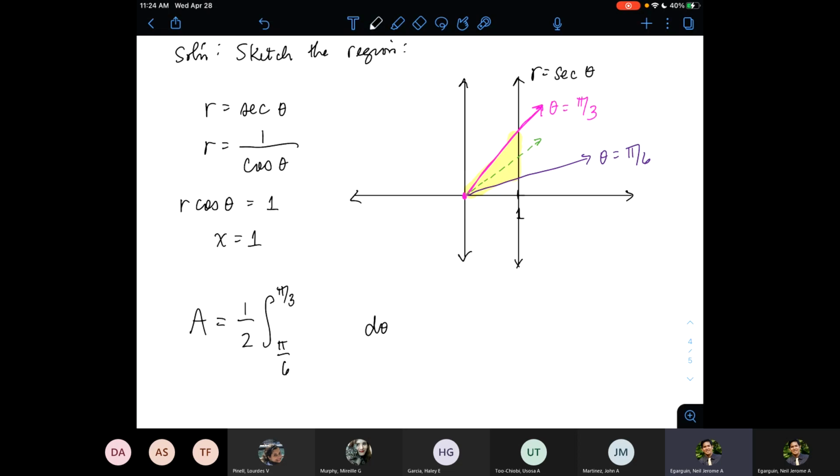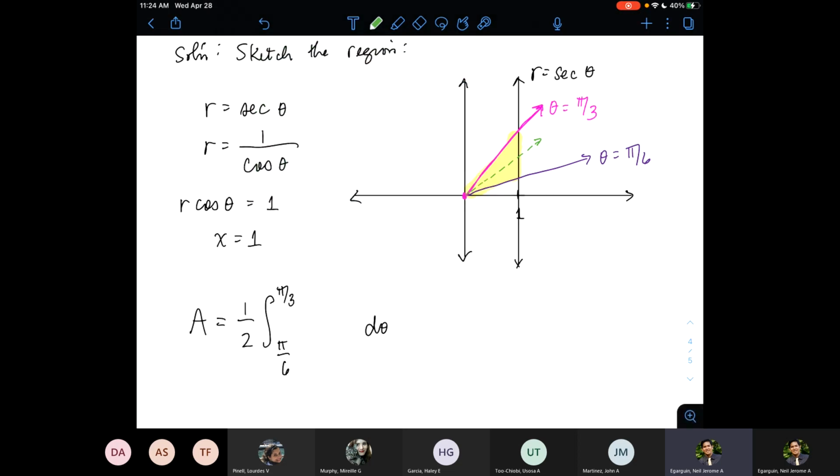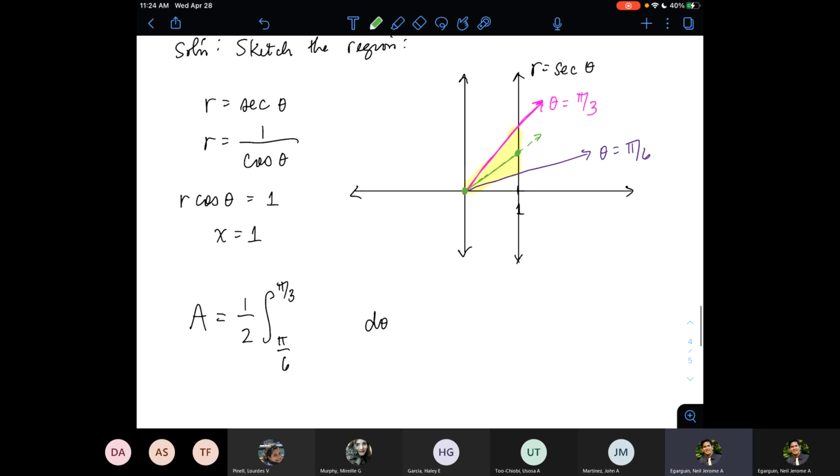And then now, what would be the integrand? The integrand would be the radius. Well, if you look at my green ray here, which is what I use to measure the radius, the radius always starts at the pole and will stop here, right? If the green ray is over here, then the starting would be the pole and it will end up at the vertical line.